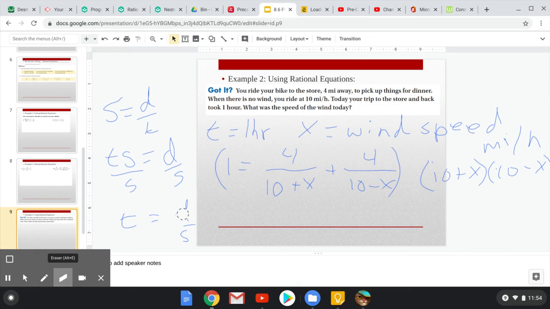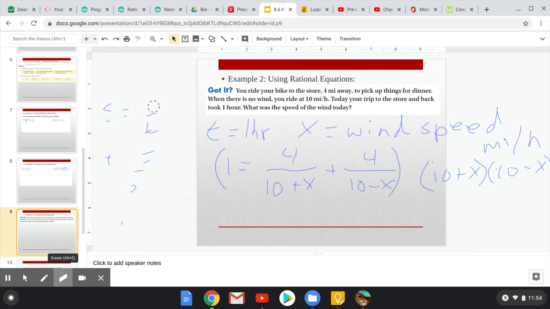I'm going to do a little bit of erasing so that I have more room to write. Okay, multiplying our common denominator by the 1, we just get the common denominator: 10 plus x times 10 minus x.